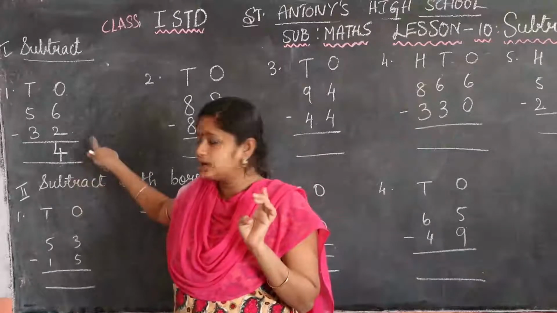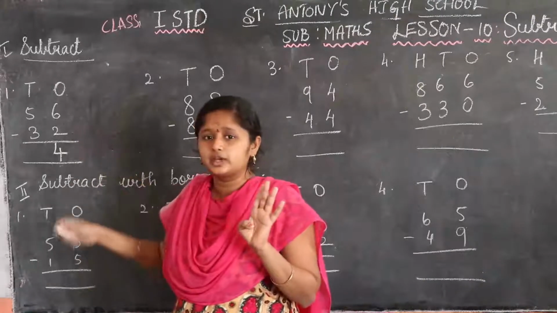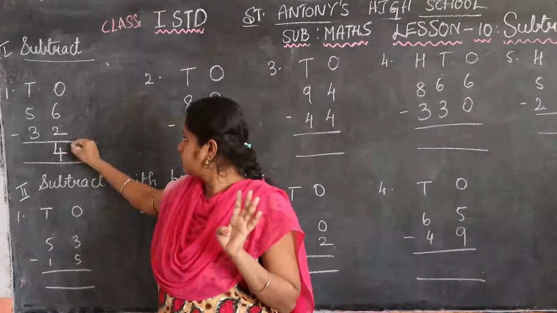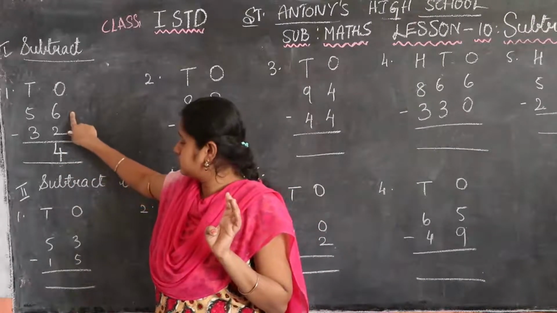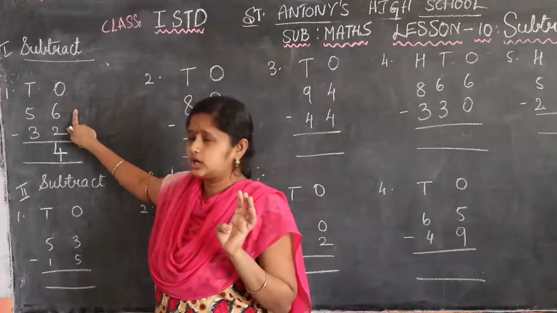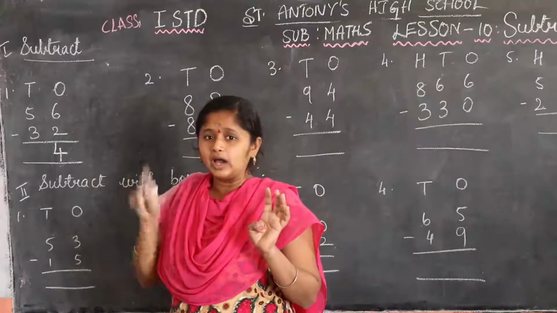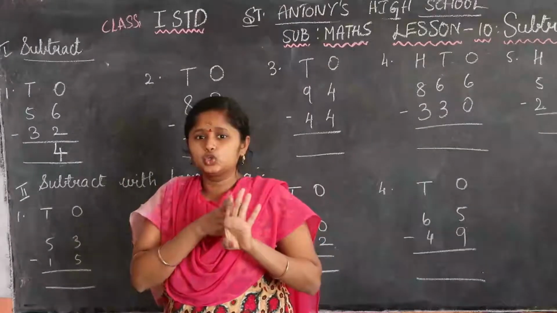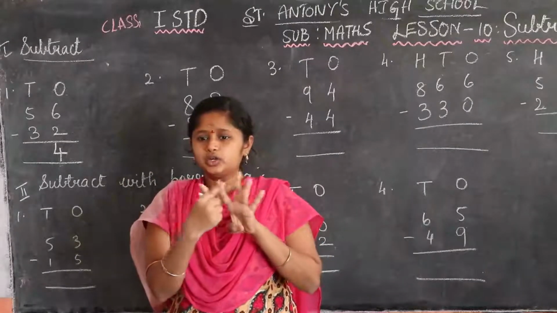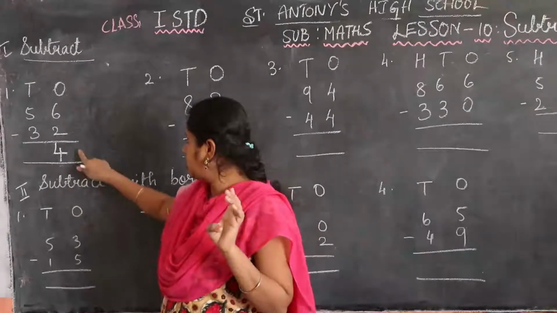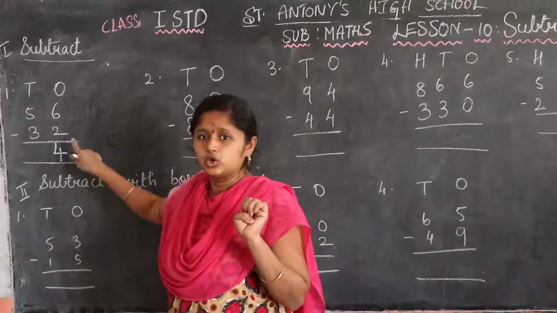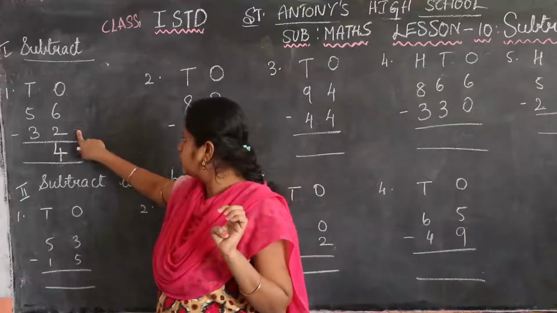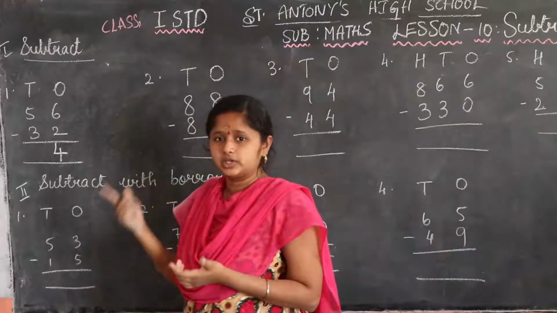From the backward number you have to count. We have to start counting backward from 6. 5, 4, 3, 2. So how much did you get? 4. Okay, you can count like this also, or you can draw the objects also.